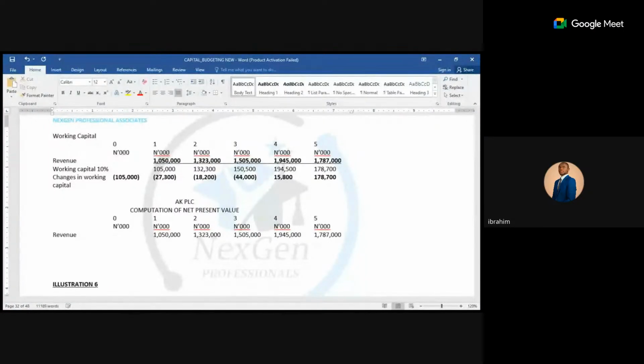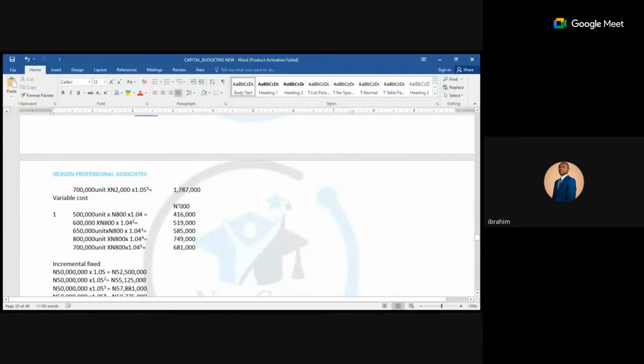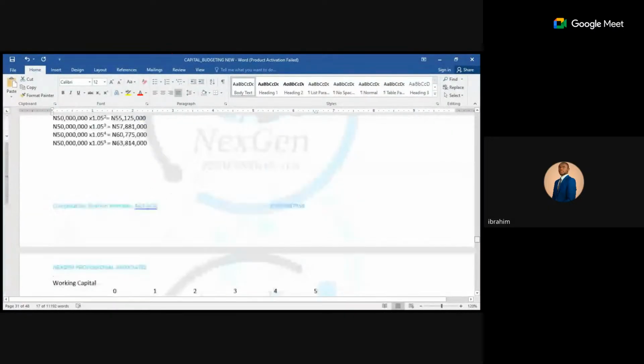So I can have here, let's just have less cost, right? Variable costs. Where is the variable cost? Okay, these are the variable costs, right? Variable cost.